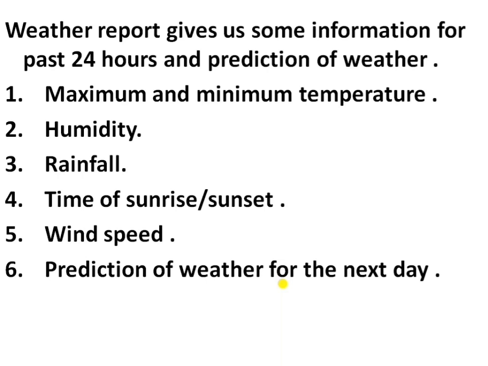So these are the information that weather report gives us: the maximum and the minimum temperature, humidity, rainfall, time of the sunrise and sunset, wind speed, prediction of the weather for the next day. Okay.